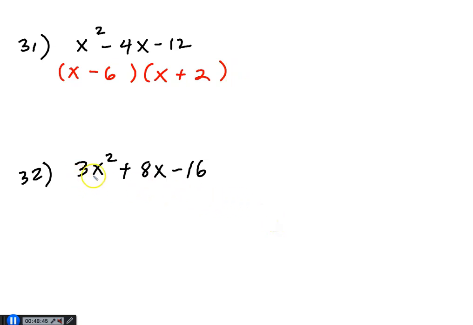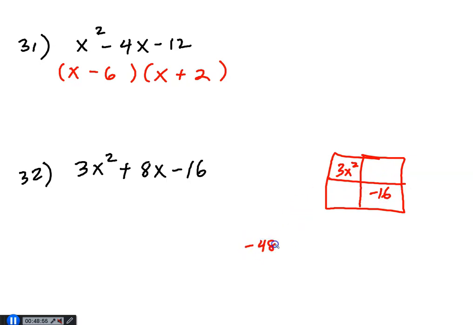And then finally, looking for GCF, don't see one, so this is going to be another box method problem. 3x squared negative 16, multiply those together. Now search for the factors of negative 48x squared that add up to positive 8x. And that's going to be 12x and negative 4x. And now find your GCFs.